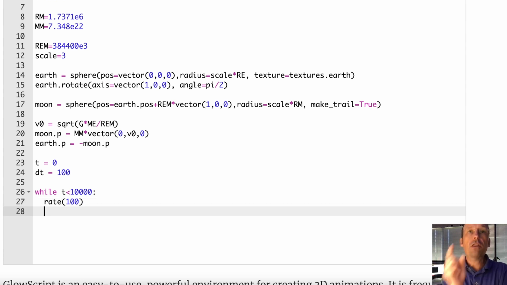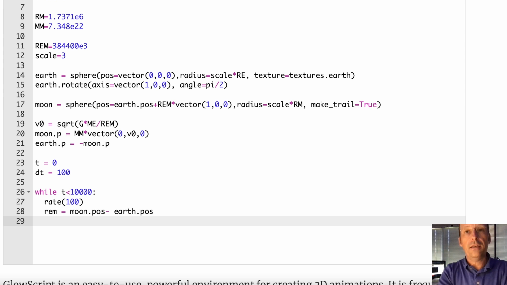Okay, that's fine. So the first thing I'm going to do is calculate the vector from the Earth to the moon. So I'm going to say rEM, lowercase, which is dumb. That's a vector, and I'm using lowercase for it, and I have the scalar values in uppercase. This one's going to change, though. It's going to be moon.pos, which is the vector location of the moon, minus Earth.pos, which is the vector location of the Earth.